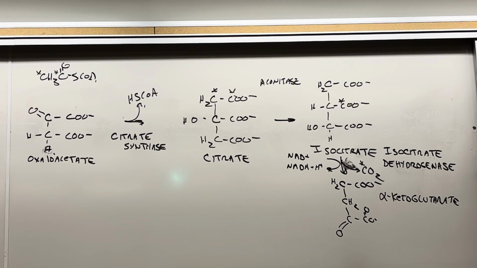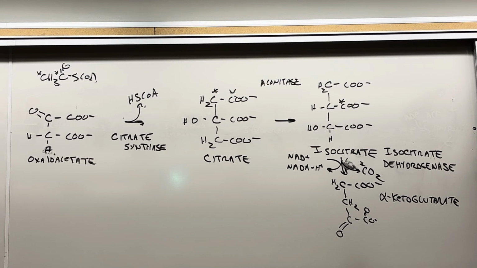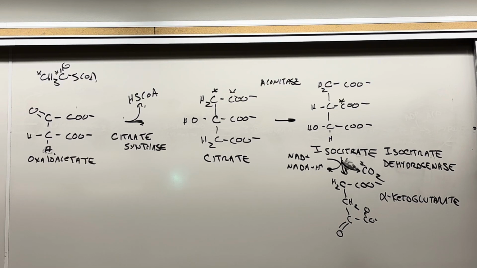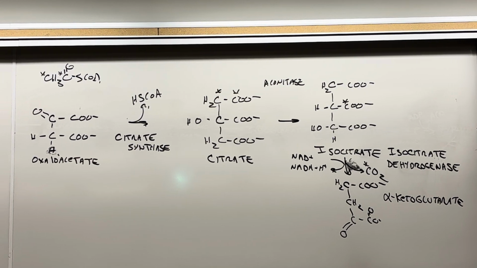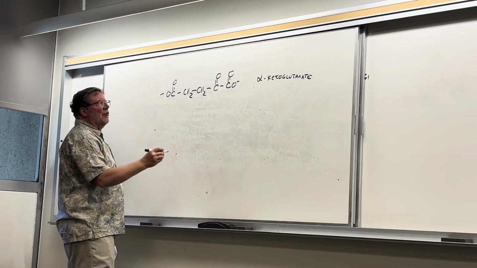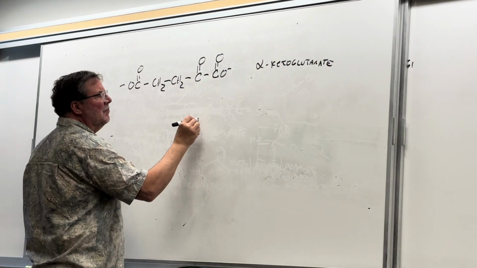So if we draw the structure of alpha ketoglutarate, that's another way of drawing it. 1, 2, 3, 4, 5, yeah. So this is alpha ketoglutarate. So let's compare that to the structure of pyruvate.